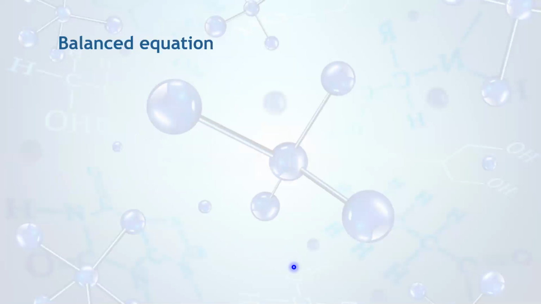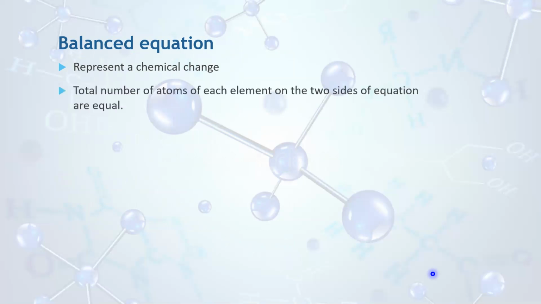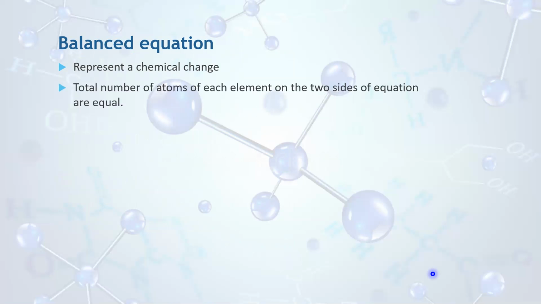A balanced equation also represents a chemical change, but the total number of atoms of each element on the two sides of the equation are equal. Take a look at this example. H2 plus Cl2 gives 2 HCl.